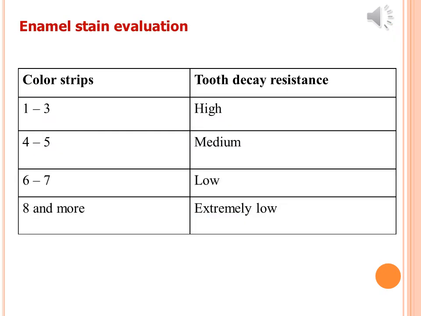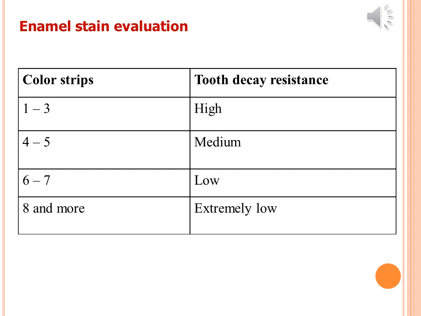Then you can take the enamel state evaluation table, and we'll see that 8 and more is extremely low tooth decay resistance. To evaluate the resistance of tooth enamel to caries, you can take the table with 2 columns and 4 lines.